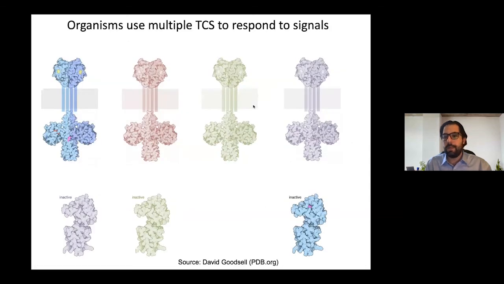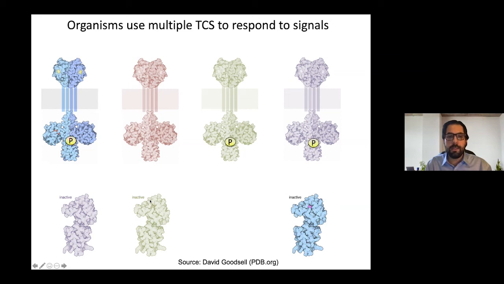Okay, so this is basically just a representation of what the problem is here. In every single cell, you could have a multitude of these kinases. The molecules on top are kinases. These rectangles are representations of the membrane, so these are membrane bound. And then you have response regulators that are in the cell.